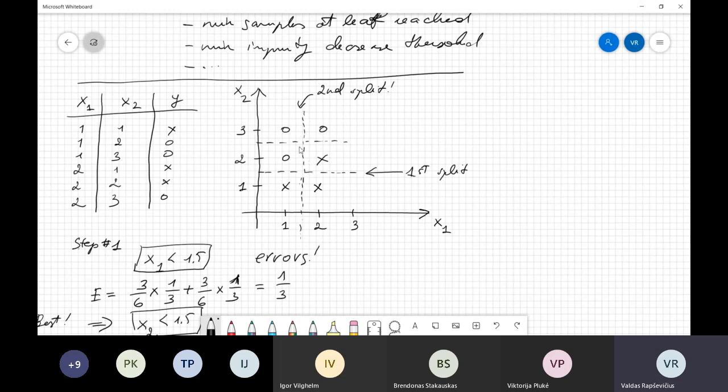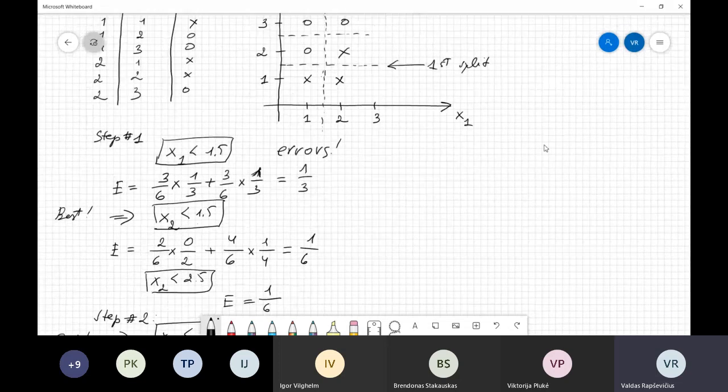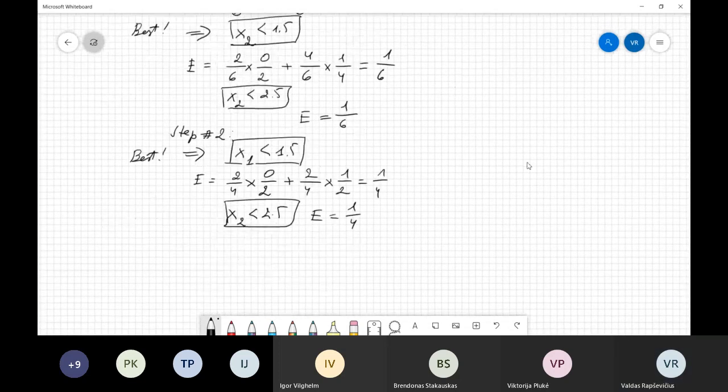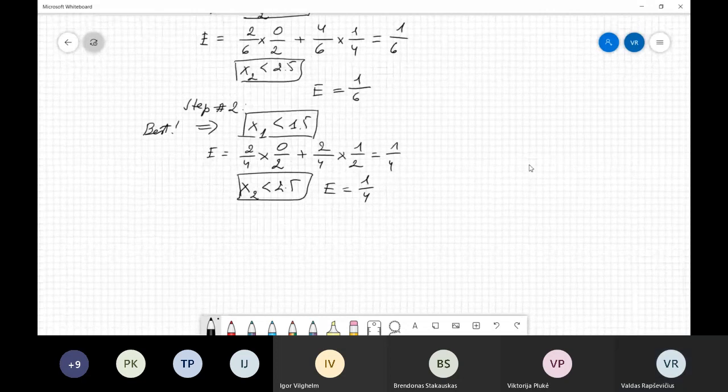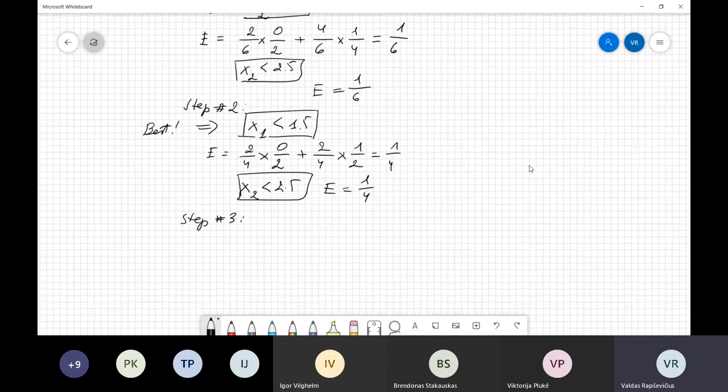So once we did that split, this part does not need any splits anymore because it is actually already pure, it has a single class, and this one can still be split, right? Obviously, and there is only one split possible, so this is 2.5, right? And this will gain 0, right? So step number 3, actually not 4.